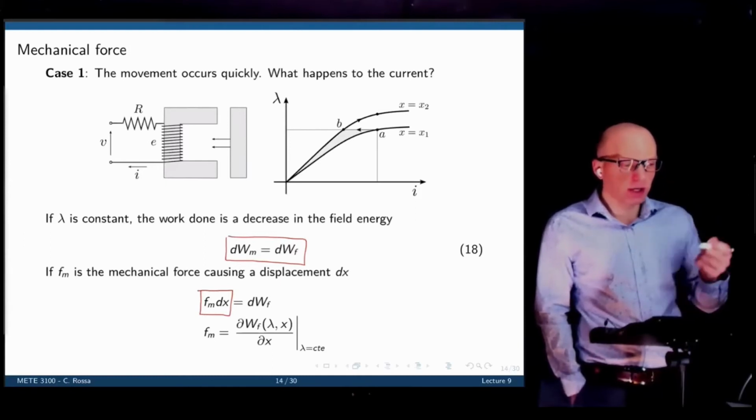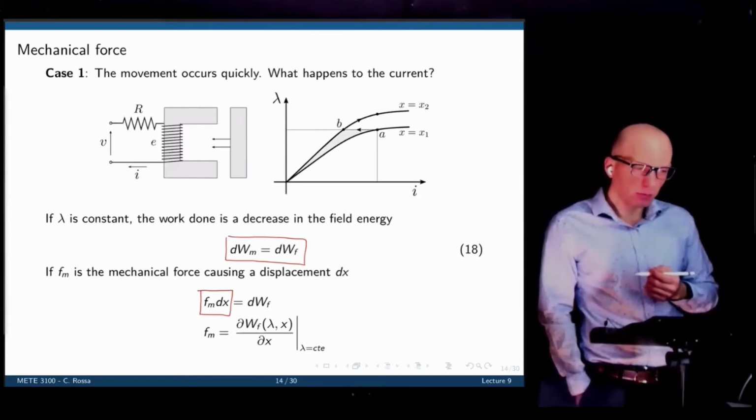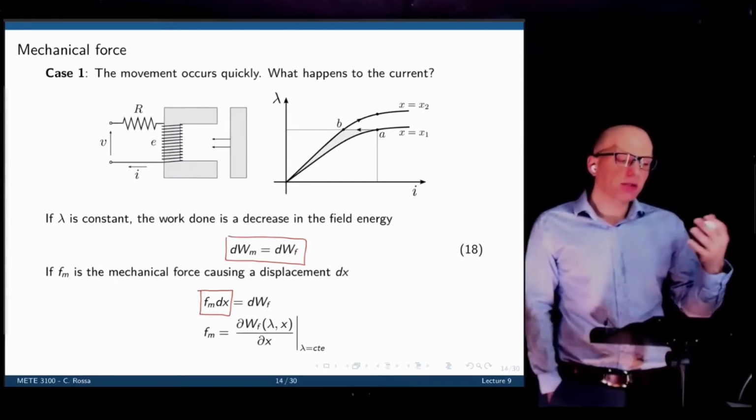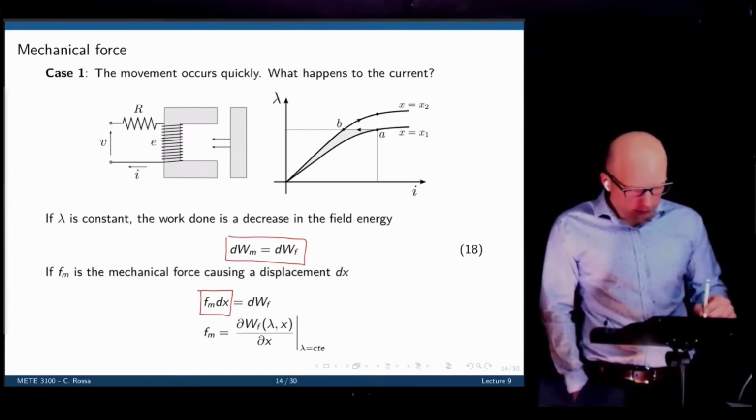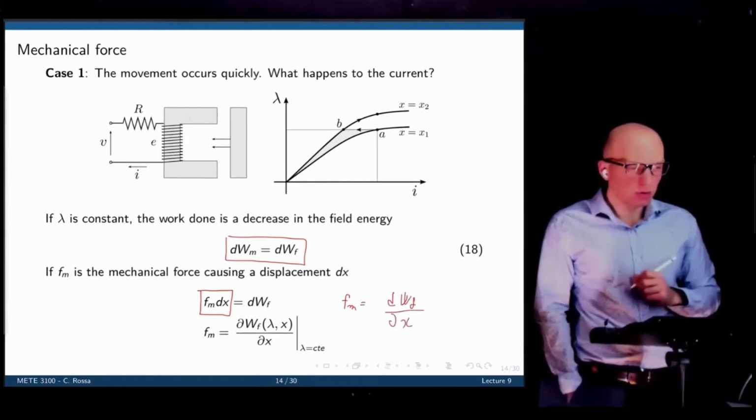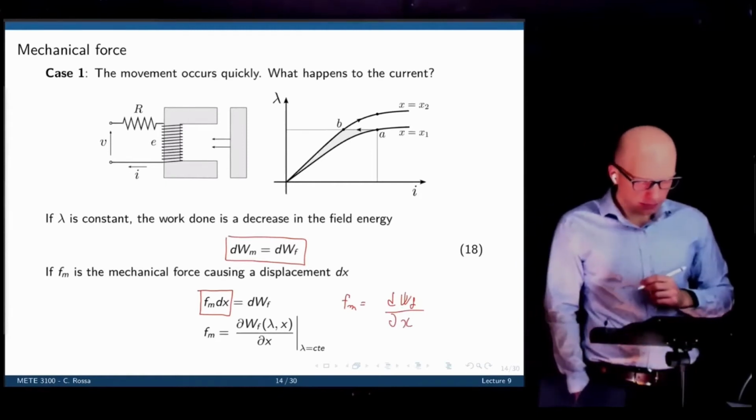If we integrate that, we get the energy. And we can equate that to the field energy. If you want to solve for the force, now we have the mechanical force equals the derivative of the energy with respect to the displacement.